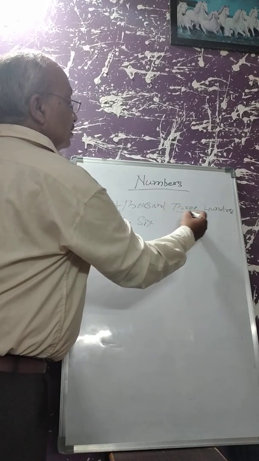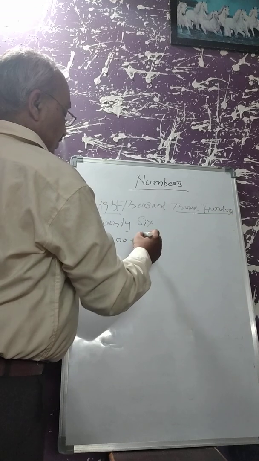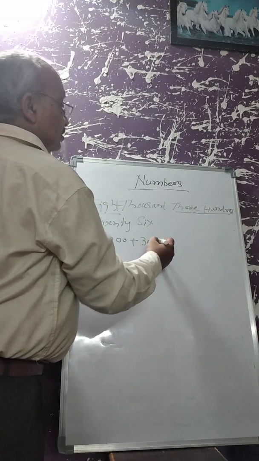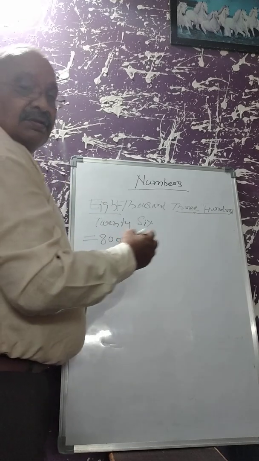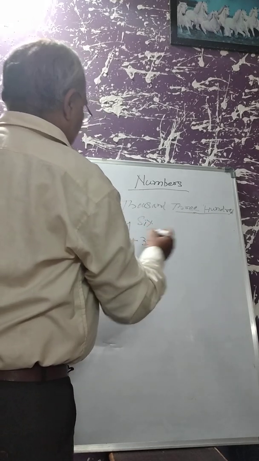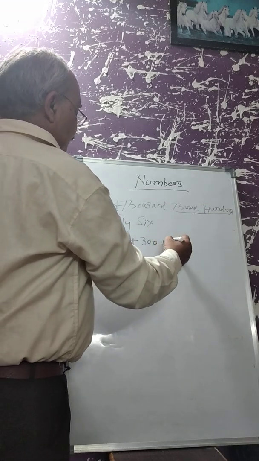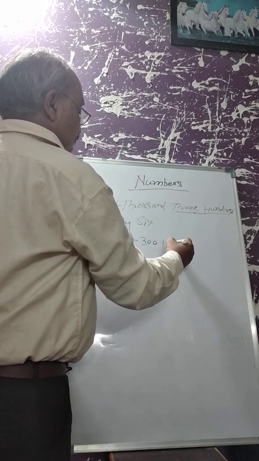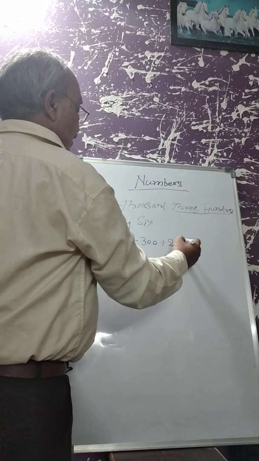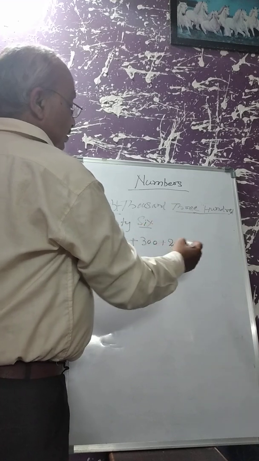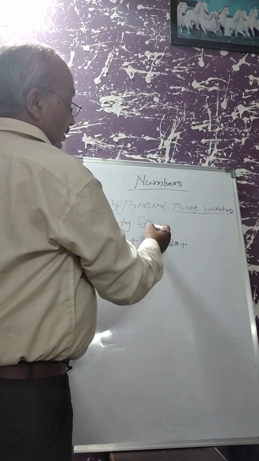Then next one is 300. So it will be 300. The next one is 20. Means it will be 20 at the place of tens, and then next at the place of 1 it is 6.